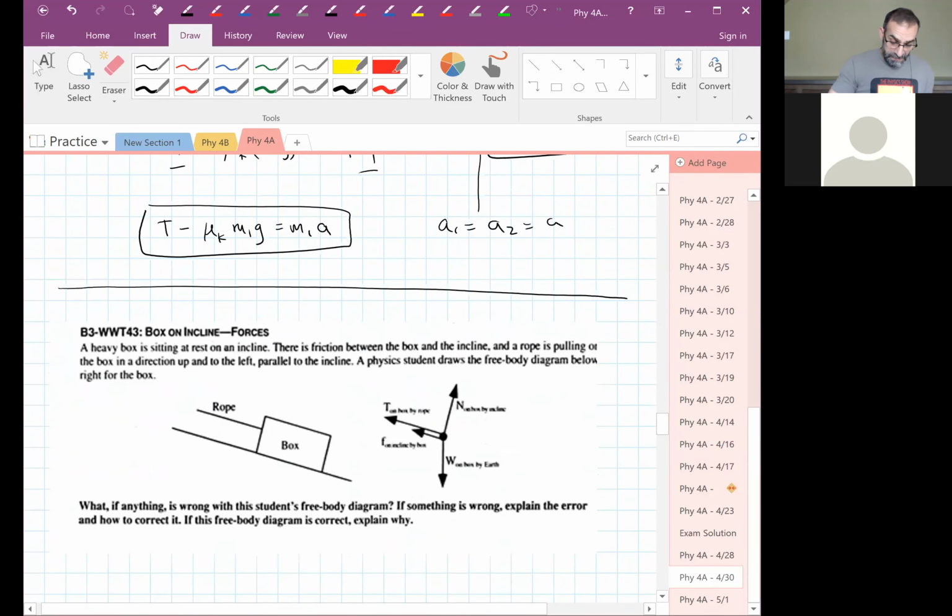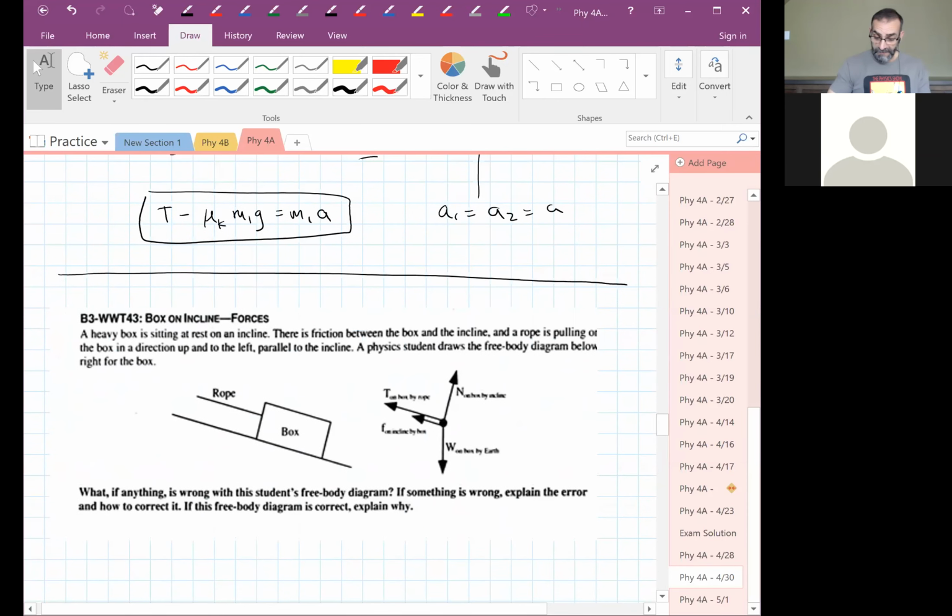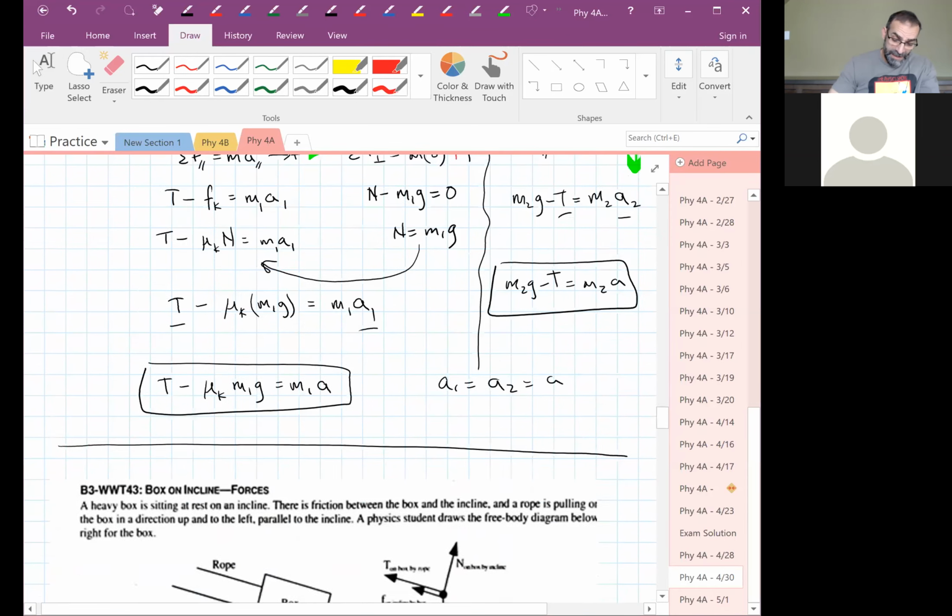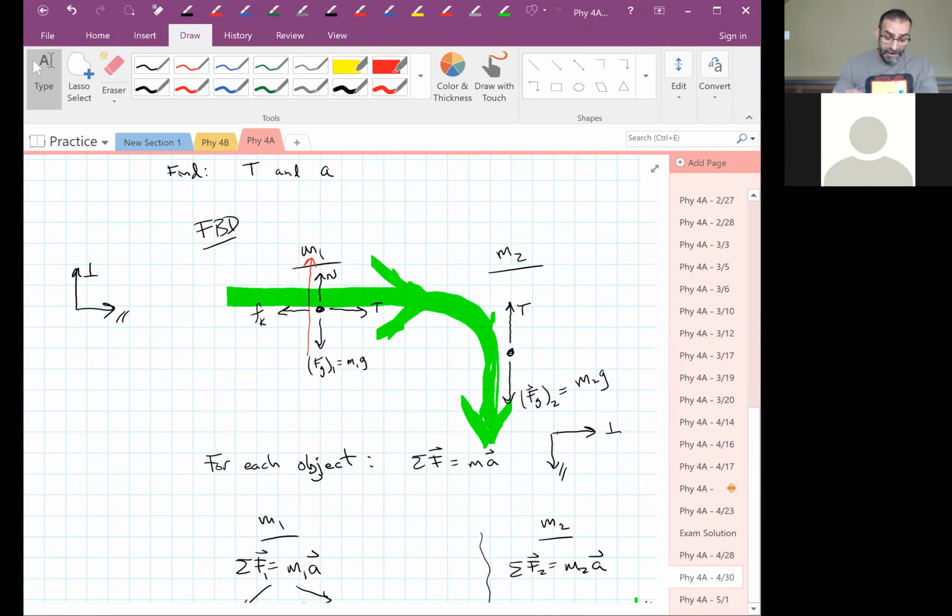Let's think about this one. Question about my parallel. My parallel means in the direction of motion, parallel to the direction of motion. Perpendicular means perpendicular to the direction of motion. That's why I use those instead of X and Y. They're with respect to the motion.